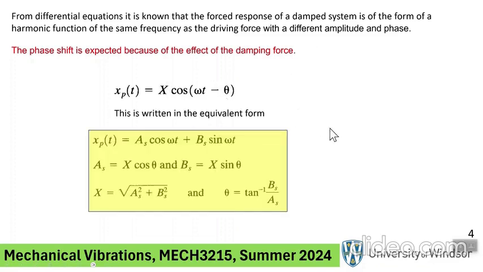Now, in order to develop this, it is easier, or at least Inman has decided that it's easier, and that is true, if you write a trig identity to take the cosine of the difference of these two angles as the product of the cosines plus the product of the sines. So it's going to be cos omega t cos theta plus sine omega t sine theta.